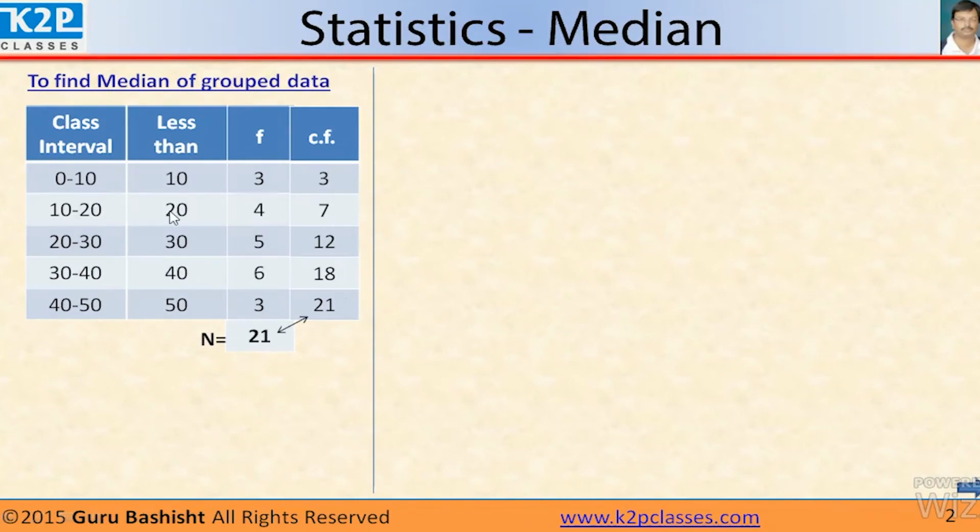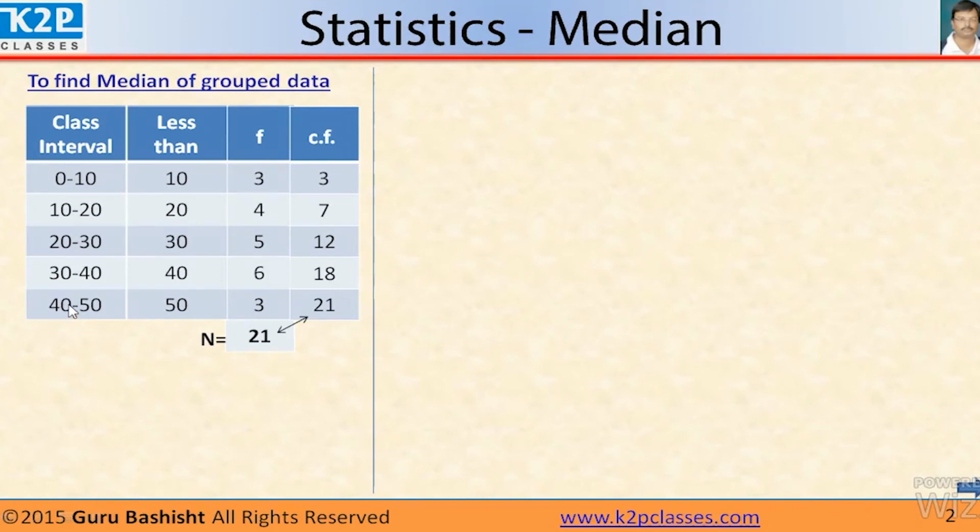And for less than 20, it is 4 plus 3, 7. 20 to 30, frequency is 5. But less than 30, 5 plus 7, 12. That is the cumulative frequency. For the fourth group, 30 to 40, the frequency is 6, and the cumulative frequency is 18.